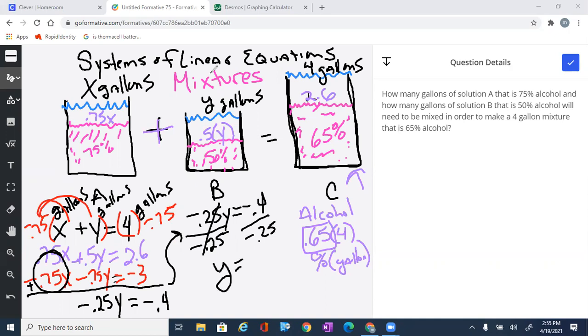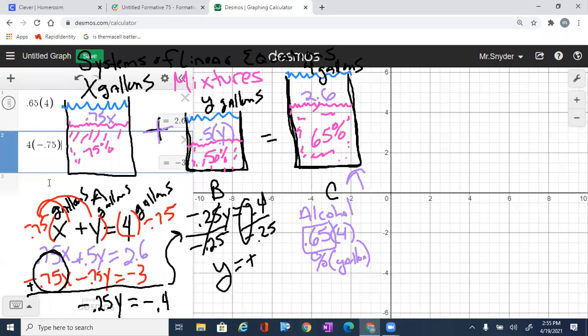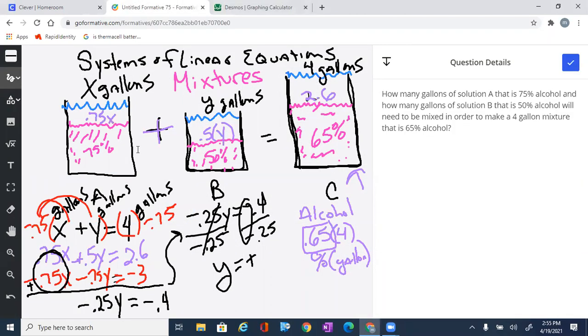Y comes out, and we know 2 negatives make a positive. Let's type it into Desmos, 0.4 divided by 0.25, and that gives us 1.6. So y equals positive 1.6.